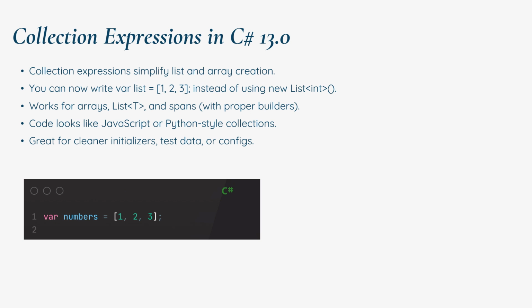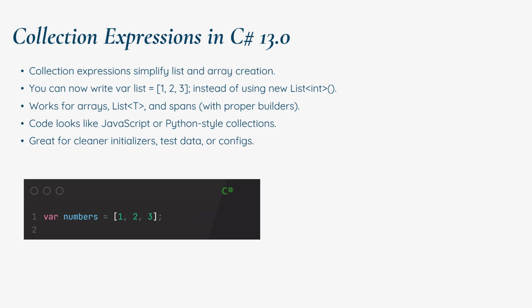Before this feature, if you wanted to create a list of items, you had to explicitly create a new list object and then call methods to add each item to it, or you had to use curly braces inside the constructor.